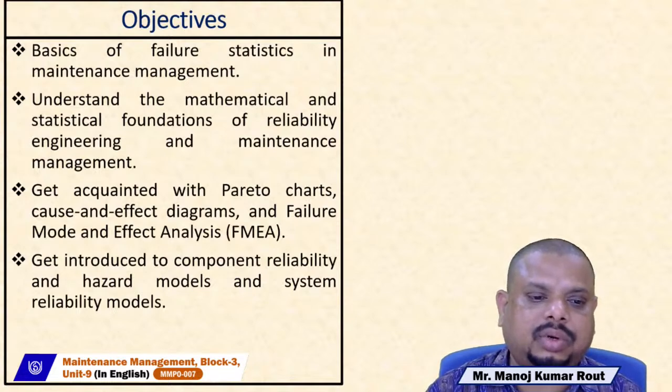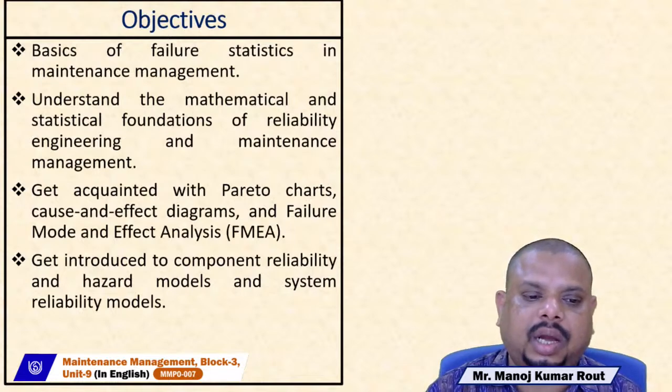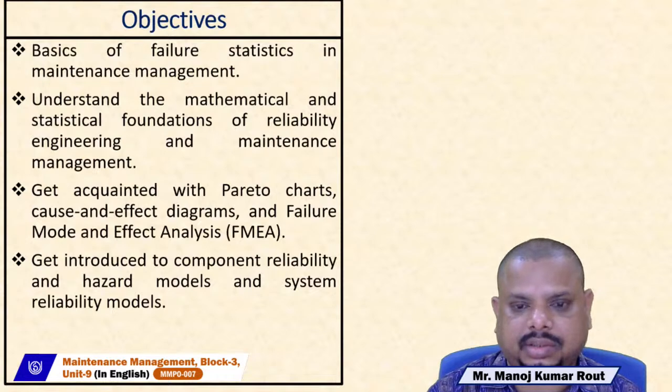Students are also introduced to component reliability, hazard models, and system reliability models with reference to maintenance management, to understand the deep mathematical analysis of reliability, and the next important part is failure analysis.